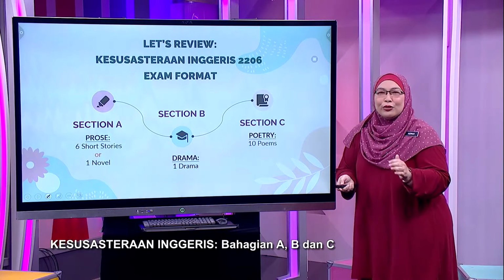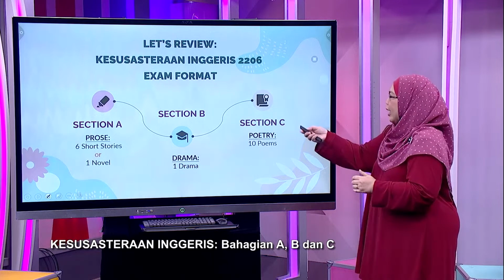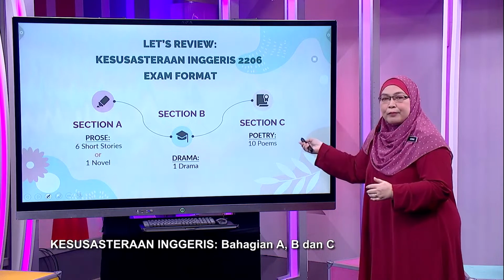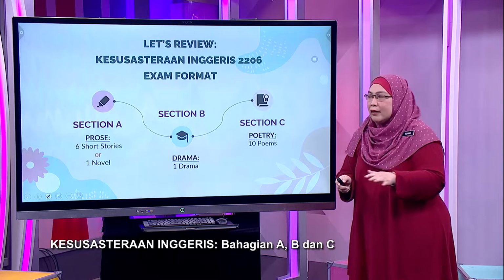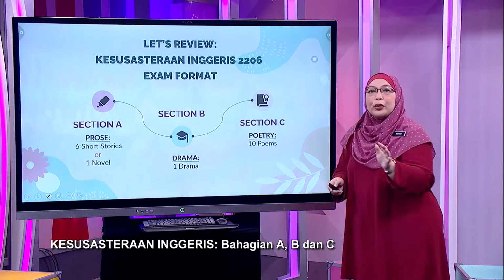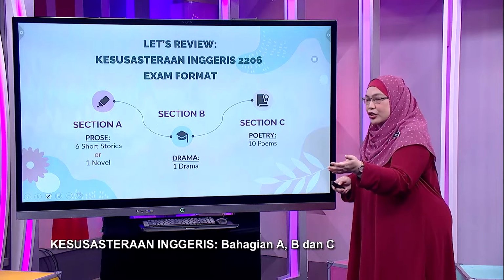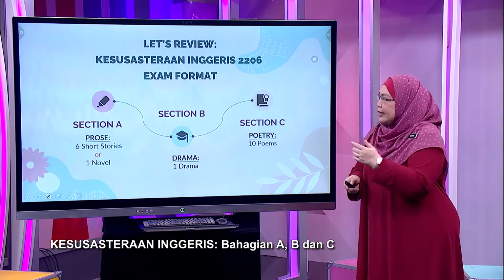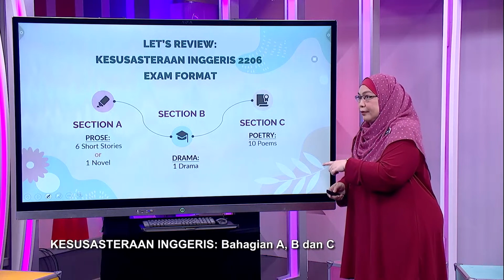The KI 2206 paper is made up of 3 sections, A, B, and C. So candidates out there, you would already know where to place yourselves. The exam paper begins with section A, prose. Candidates would have chosen and prepared with their teacher whether they want to do 6 short stories or instead study a novel.